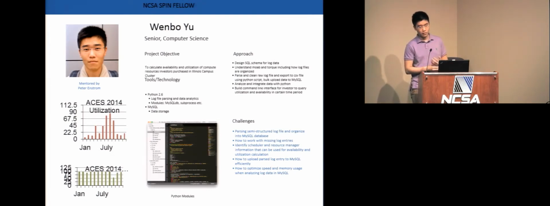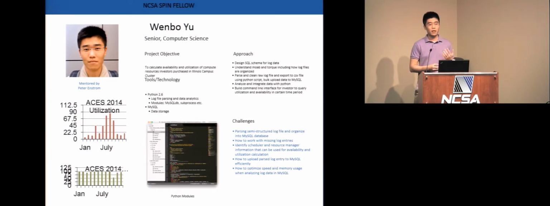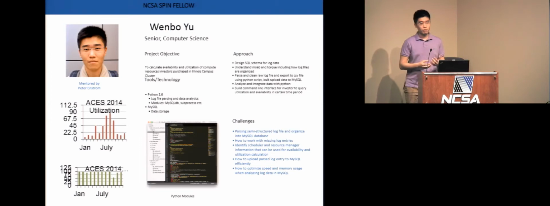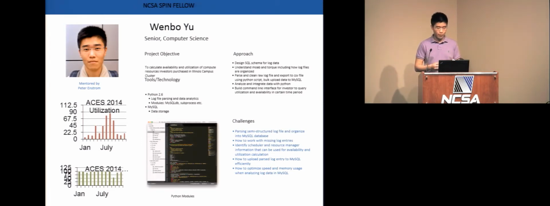It's first design a SQL database, the SQL table schema, and then parse the resource manager and scheduler log file with Python and upload them to the database, and then use the proper data to calculate the availability and utilization.